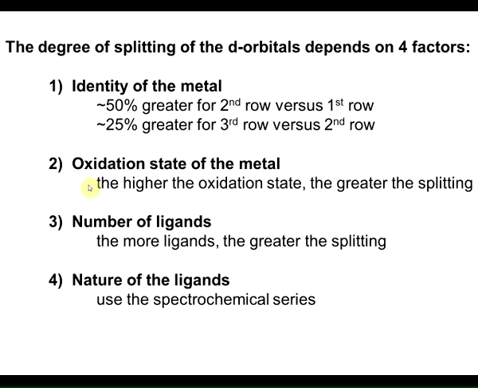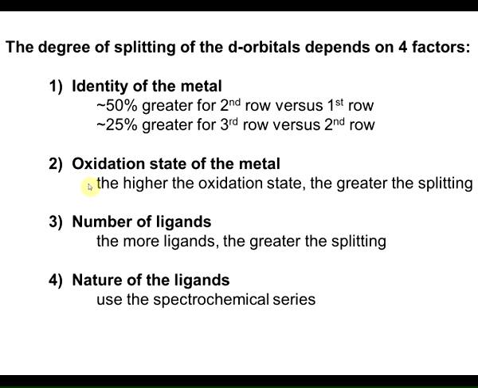So the higher the oxidation state, the greater the splitting. So if we were to compare an iron 3 complex with a very similar iron 2 plus complex, the iron 3 should have a greater splitting between the d orbitals, and we can either see that spectroscopically through the colors, or we may see a change from high spin to low spin.